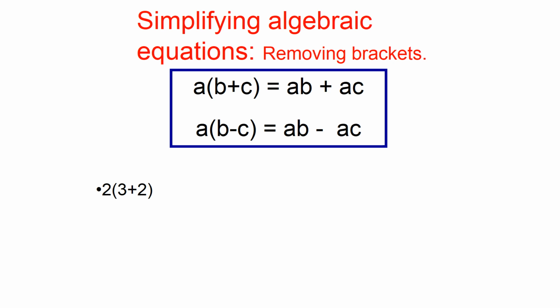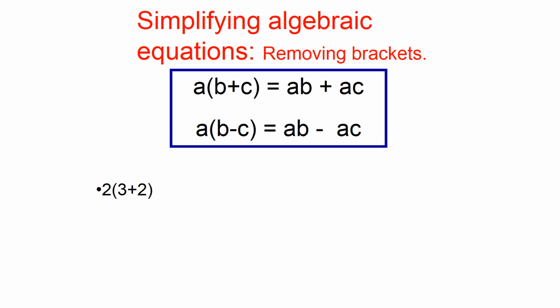If we ignore the fact that these are numbers to start off with, that's 2 times 3, which is 6, plus 2 times 2, which is 4. So that's 10. Happy? 6 plus 4 is 10.